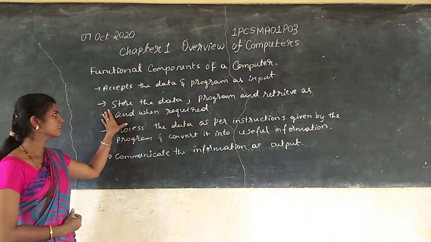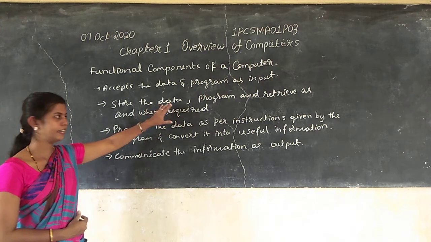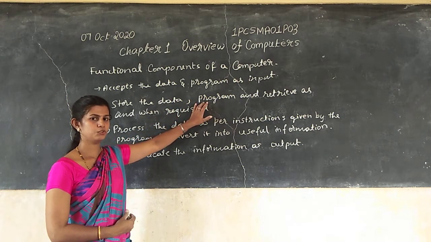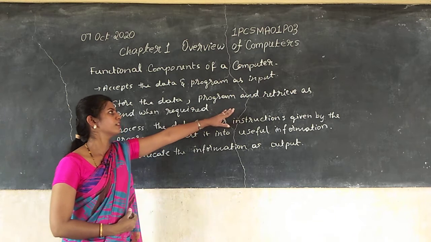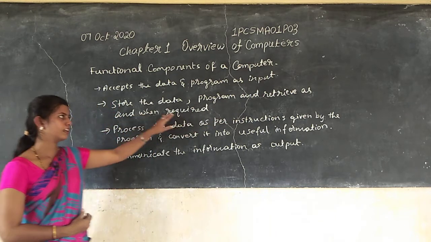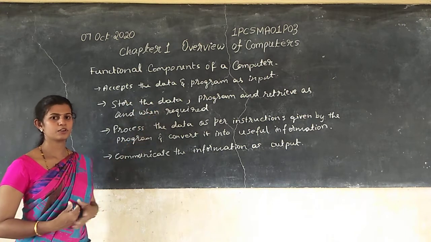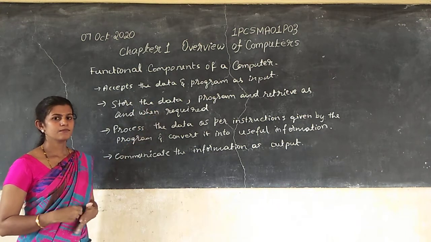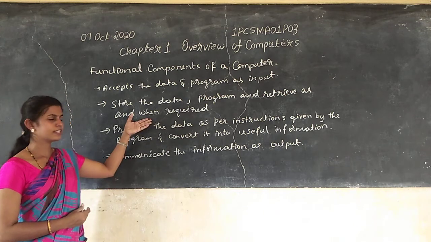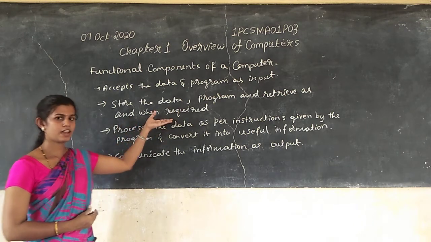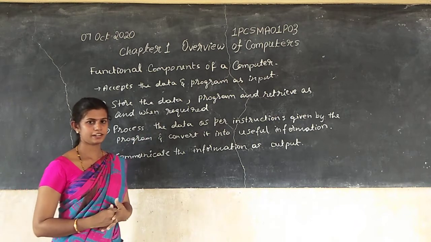The computer must store whatever data or programs are entered by the user in its memory, and whenever the user wants that data or instruction, he can retrieve the required information.